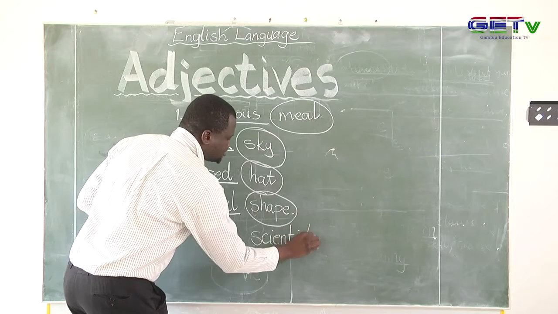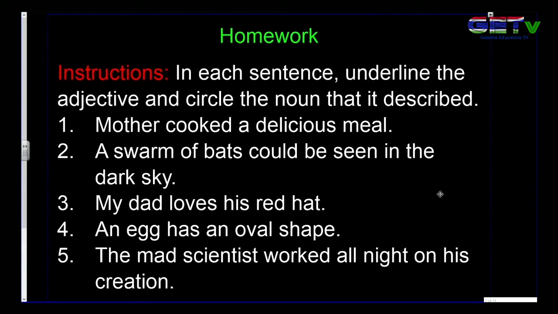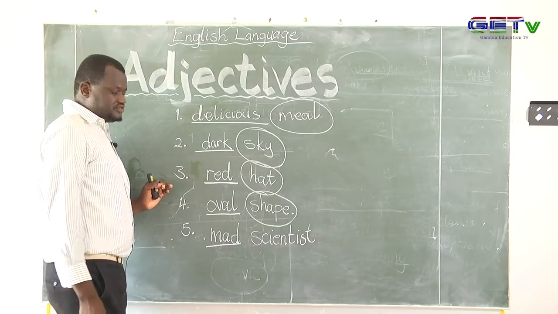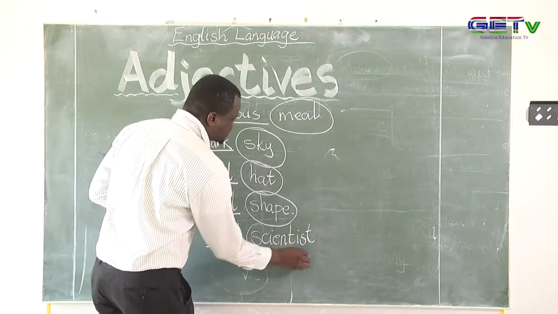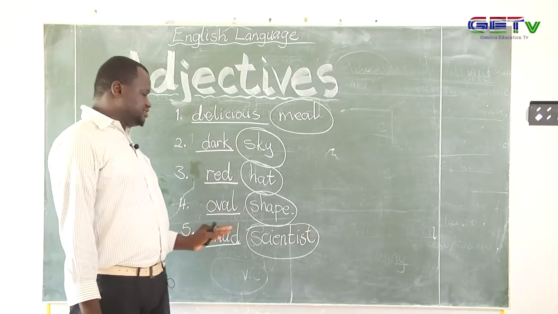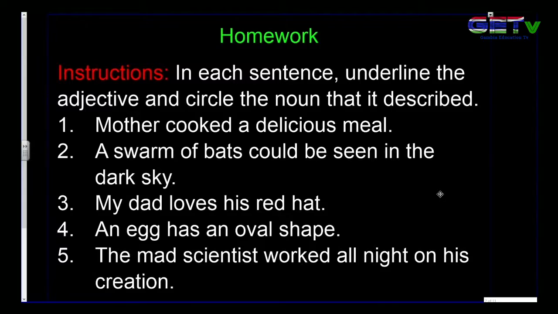And the adjective describing scientist is mad. So we underline mad as the adjective and then circle scientist as the noun that it describes. So that was the homework, and I believe you were able to do it correctly.